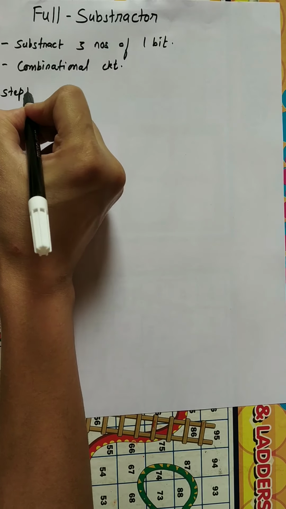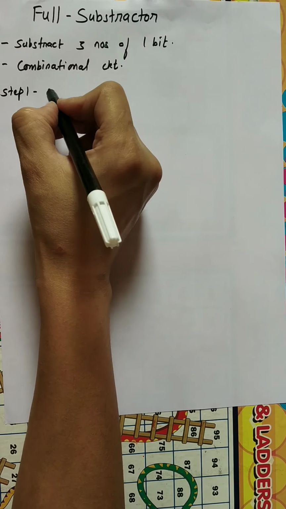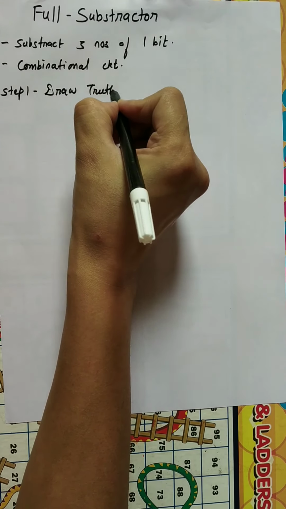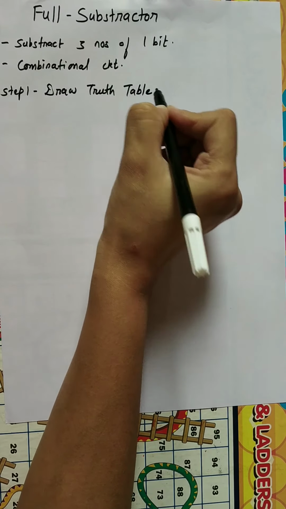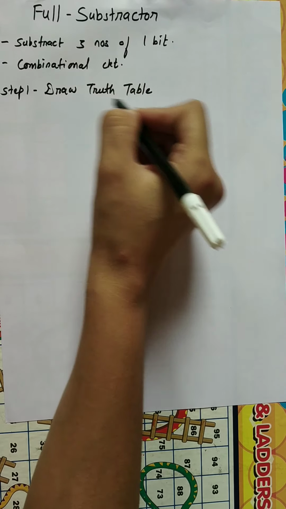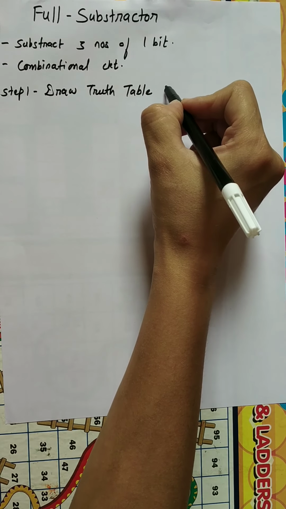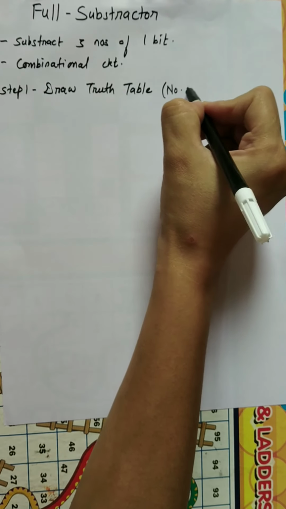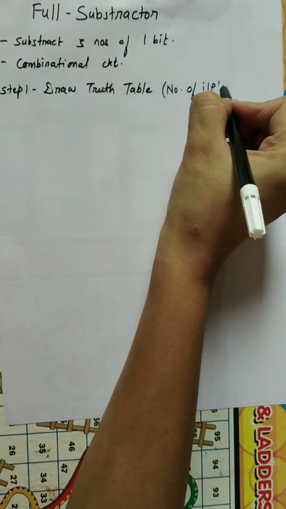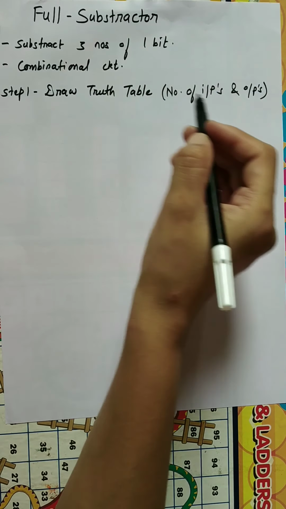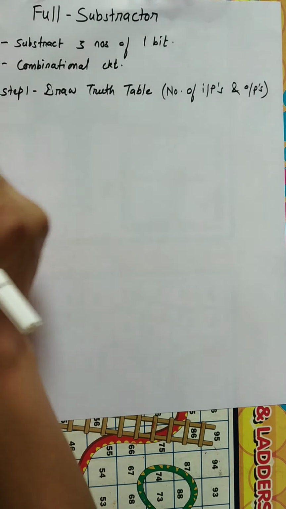Step one is to draw the truth table. The truth table consists of the number of inputs and the number of outputs. How many inputs are there in a full subtractor?